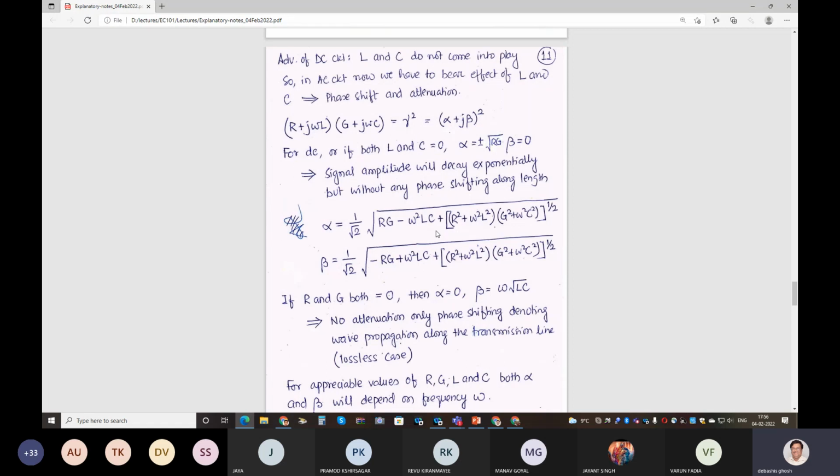Why? Because our audio itself is up to 20 kilohertz. So how can you make it smaller? You cannot. In fact, we make it larger. The omega is made larger, because of a reason we will study afterwards, called frequency division multiplexing. For that, we in fact have to increase the frequency.